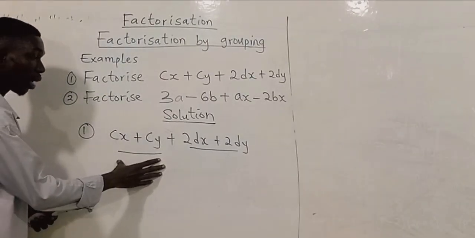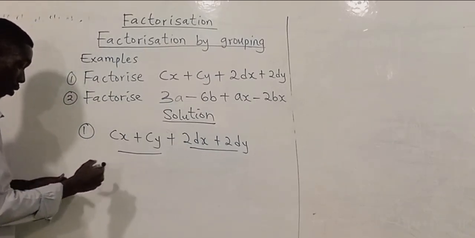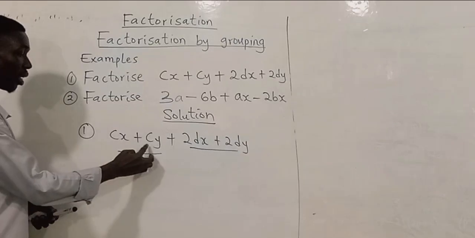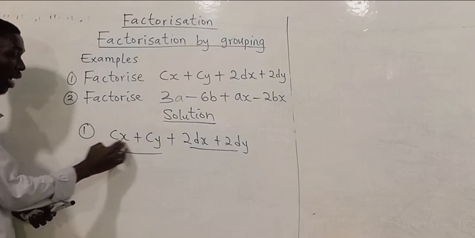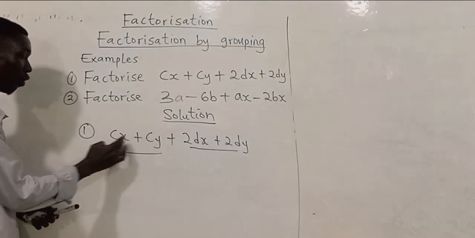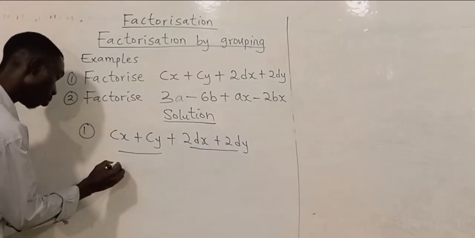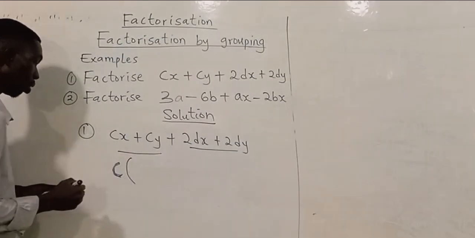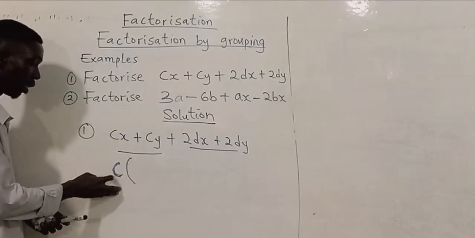After grouping in twos, you get the HCF of cx and cy. The highest common factor, what they have in common, of cx plus cy is c. So bring that out.